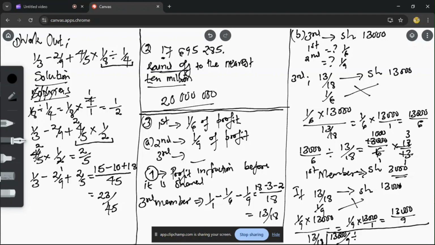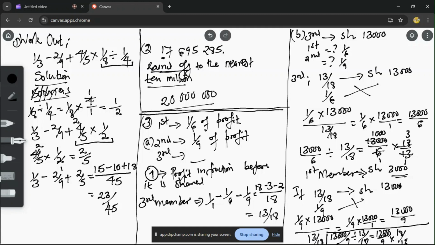I am dividing by 13 all over 18. This is the same as 13,000 all over 9, 13, 1, 2, 3 all over 9. I am multiplying by 18 all over 13.